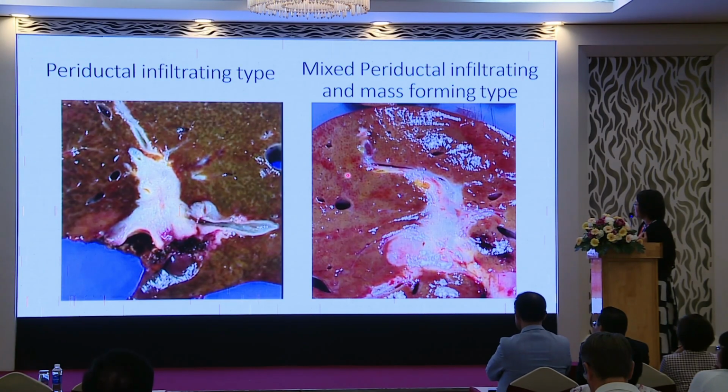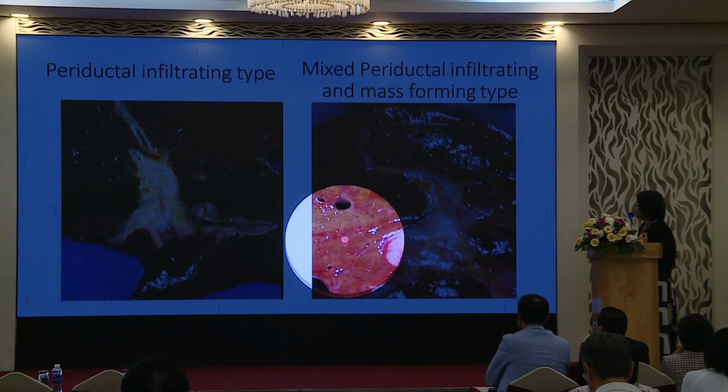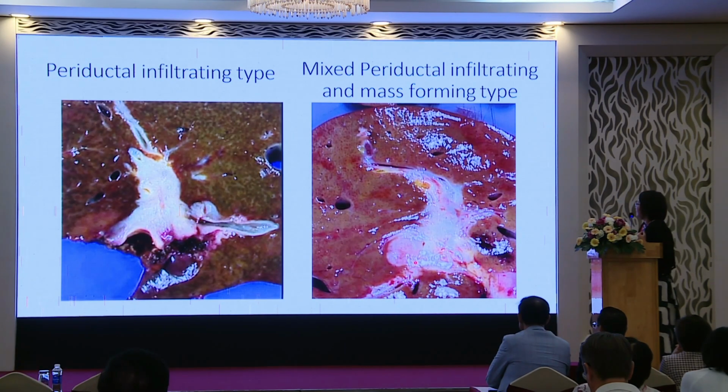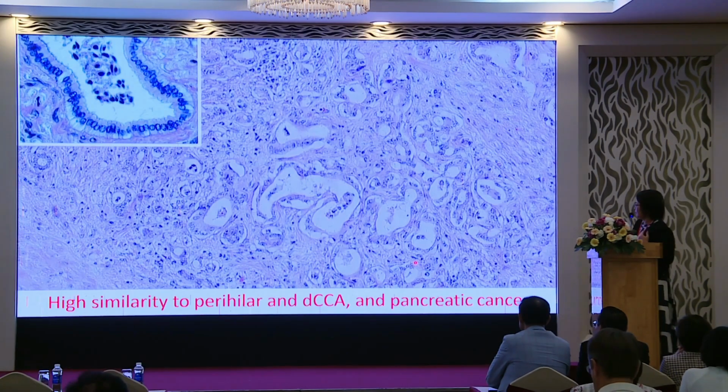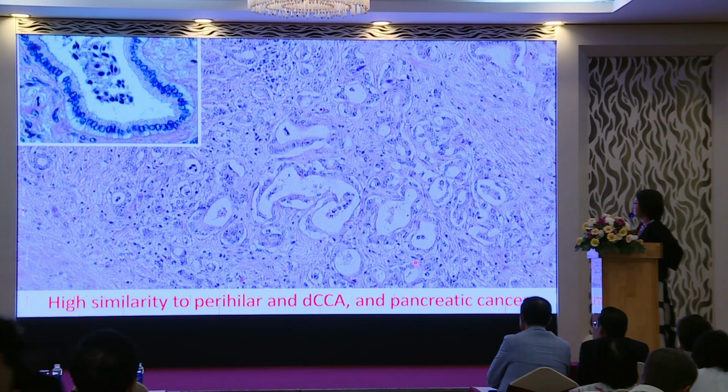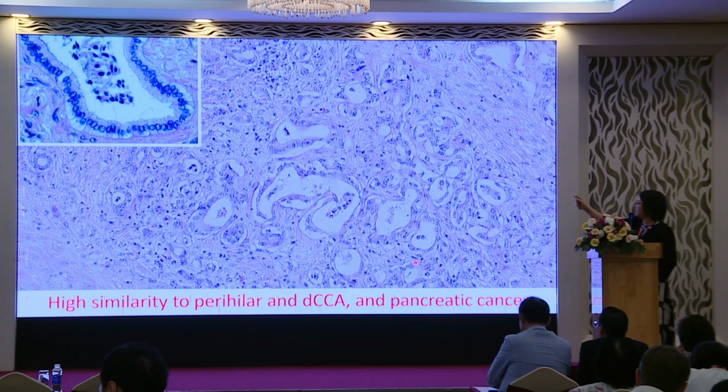So here the stenosis, and then dilatation of the intrahepatic bile duct. But the cancer also invaded into the neighboring parenchyma and made a mass, as you can see here. And the histological aspect shows mucin-producing glandular structure. This aspect is quite similar to that of the large bile duct.